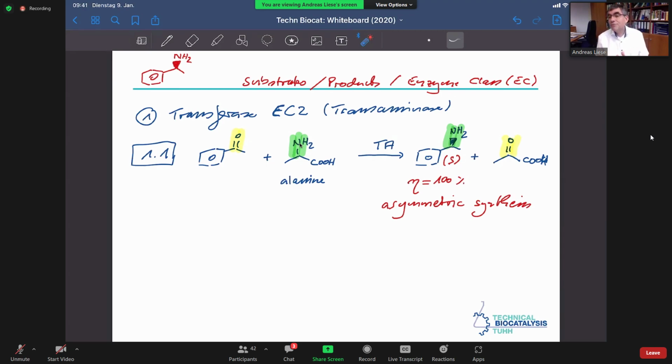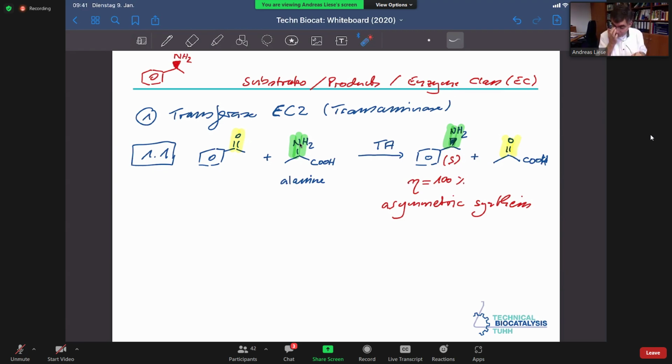So it might not be 100%. There might be some backward reactions. The overall equilibrium, let's say, might be 95 or so, depending on the substrate structure. So the question's right, and you need to consider this. But in principle, under ideal conditions, we would see the 100% in a realistic manner.